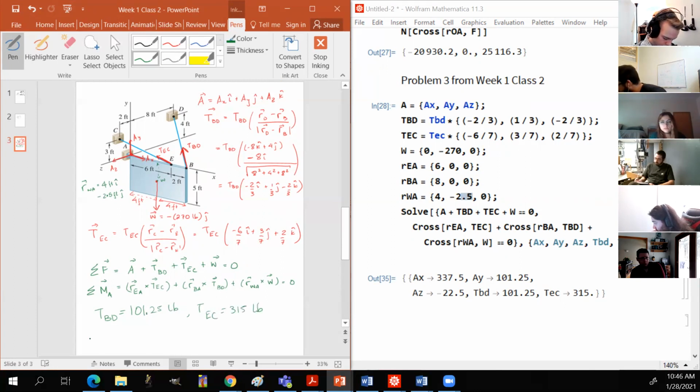And then my force vector A was just equal to 337.5 I hat plus 101.25 J hat plus, oops, sorry, minus 22.5 K hat pounds. All right, good stuff, easy peasy. Any questions? Mathematica is going to make our life very easy.